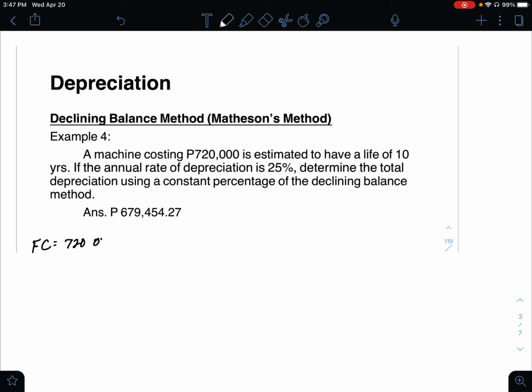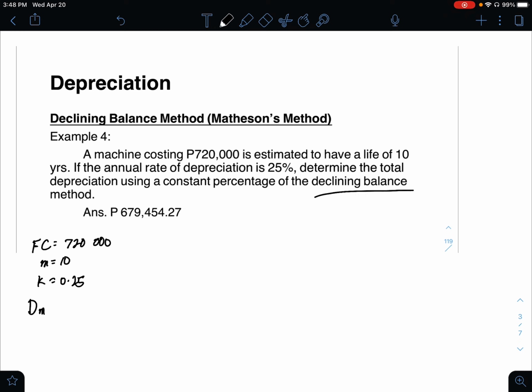Common prices of sedan cars are around 720,000 for automatic. So 10 years is our m, and the annual rate of depreciation is our k, which is 0.25. So determine the total depreciation.